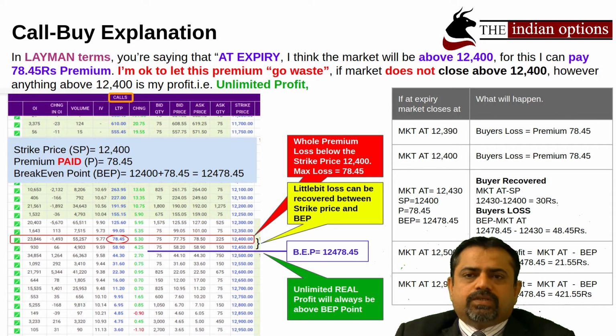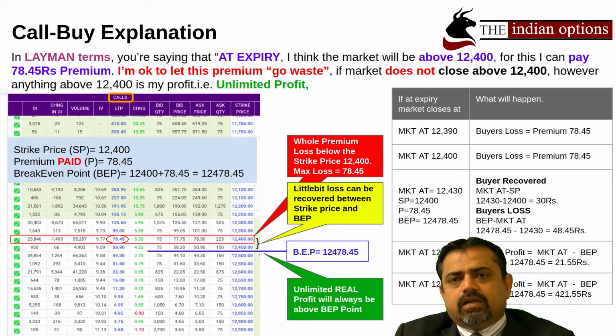Now what happens when the market is ending? Now your break-even point is 12,478.45. What happens if the market closes between 12,400 and 12,478.45, which means the market closes between the strike price that you have chosen and the break-even point?